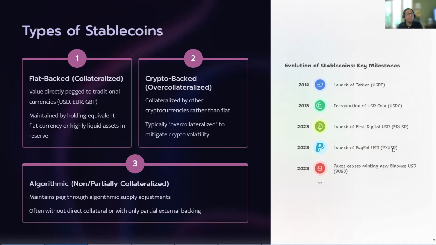The algorithm creates the stable coin and increases the total number of stable coins based on how many users are using it. If the number of users is reduced, then the stable coin value and the total number in blockchain circulation will also decrease. That is the third type of stable coin. But this stable coin is not fully researched, and there are companies still working on it that have found some success. We will get into those details.